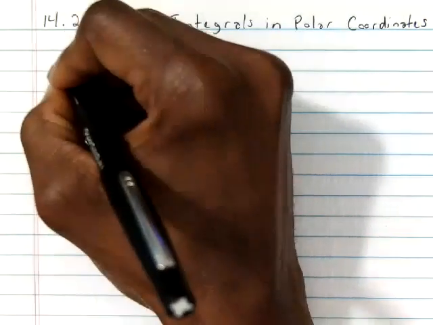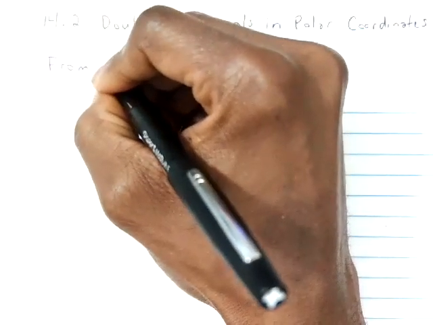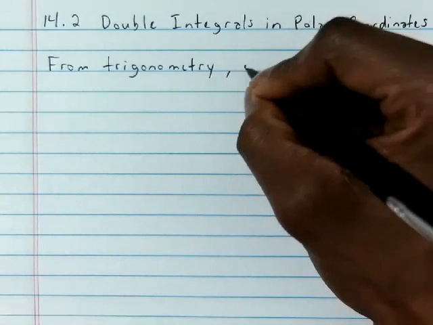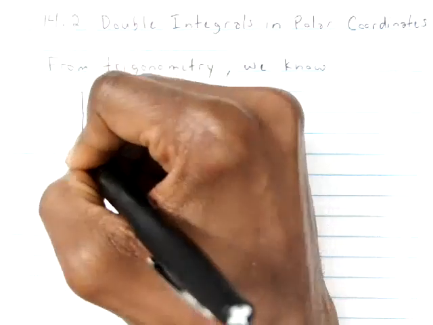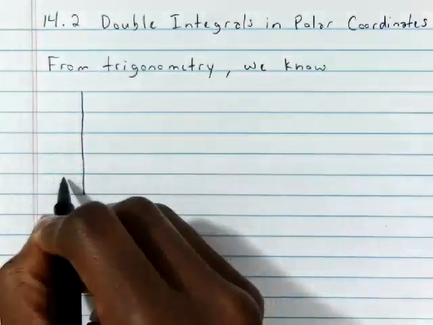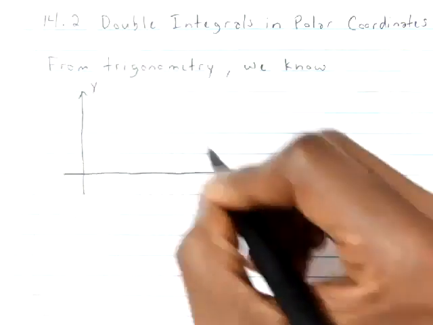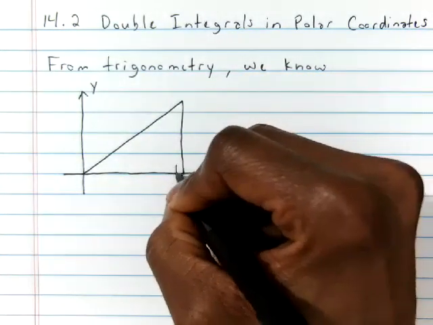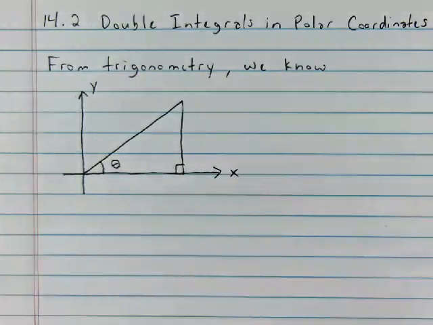Alright, so first we're just going to go back and look at what we know from trigonometry. If we have some right triangle, it makes an angle theta with the positive x-axis.